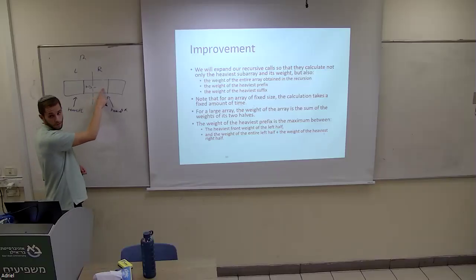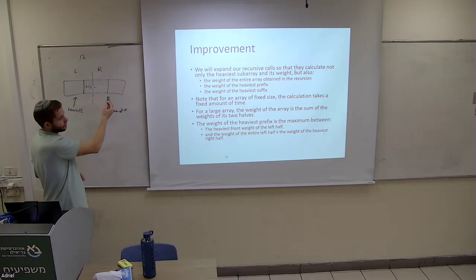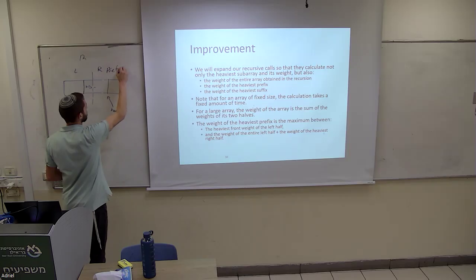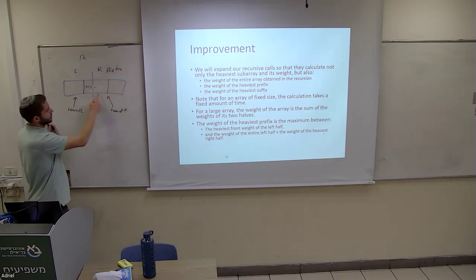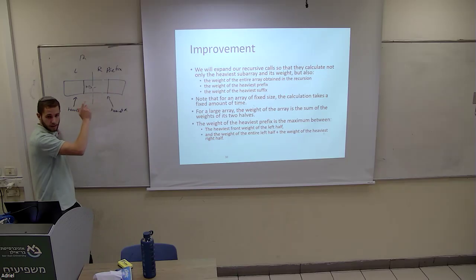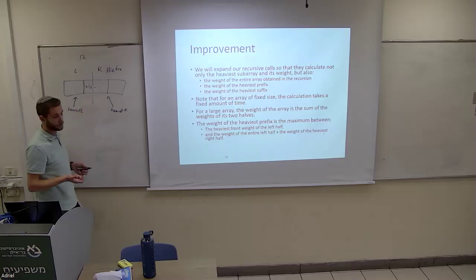Let's say we're calculating the prefix, so we need it to start from here. Either we take the whole sum of the first half plus some sort of prefix from the second half, which we'll get from the recursive call, or it's just the heaviest prefix of the first half. So we return the maximum of those two, which is basically just O of 1.